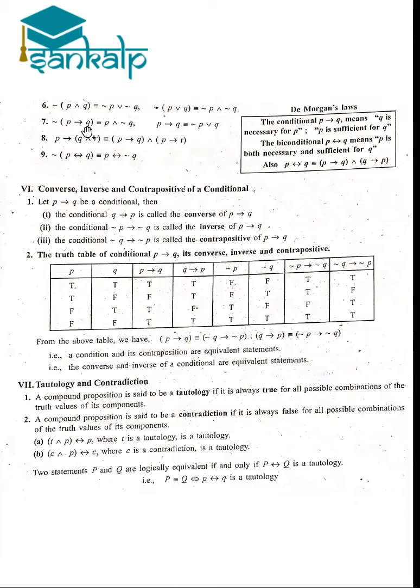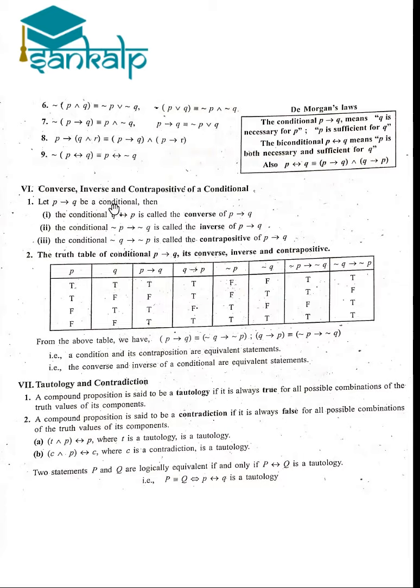Negation of P implies Q is P and negation of Q. P implies Q is negation of P or Q. P implies (Q and R) is (P implies Q) and (P implies R). Next, negation of P double implication Q is equal to P double implication negation of Q.